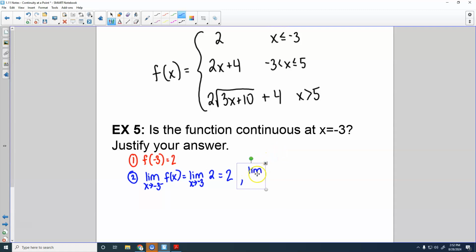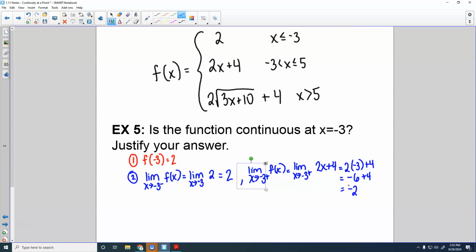So limit as x approaches -3 from the right of f of x equals the limit as x approaches -3 from the right of, this is going to be the middle equation, 2x plus 4. And that's a direct substitution, 2 times -3 plus 4, which is going to be -6 plus 4. What's that going to give me? -2.